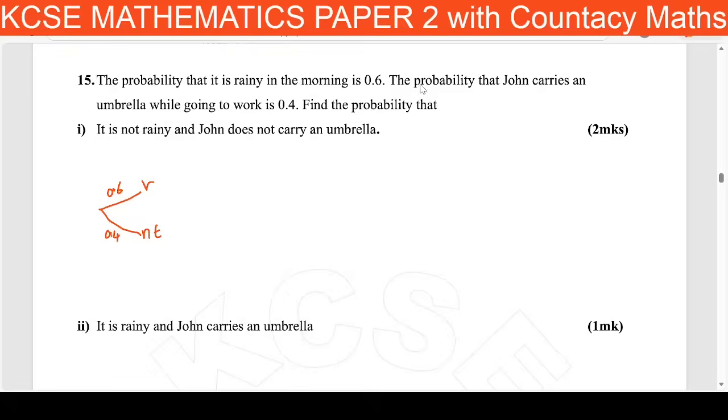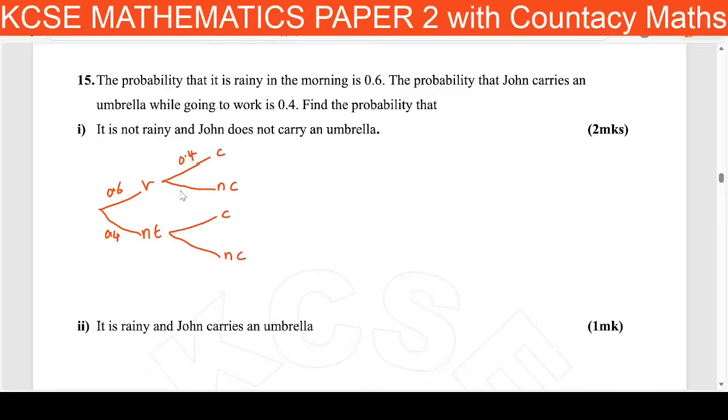Let's go ahead. We are told that the probability that John carries an umbrella while going to work is 0.4. So this is carries an umbrella. So he can carry, and he can say, I'll not carry. So he can say, I'll carry the umbrella, or he can say, I'll not carry the umbrella. But the probability of carrying an umbrella is 0.4.